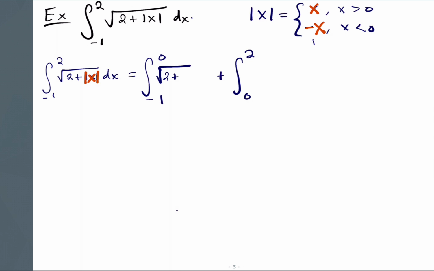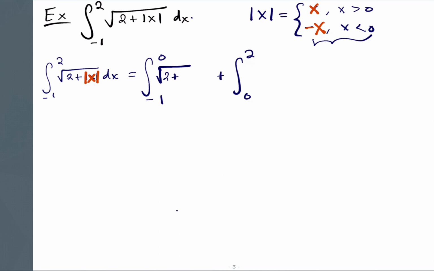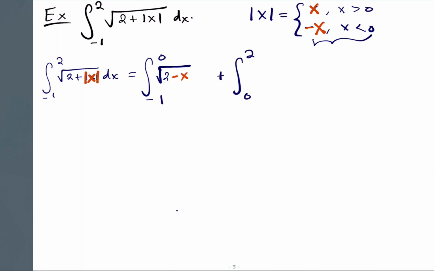With minus x, right? Why? Because that's what it's defined as when x is less than 0. So here I'm going to have 2 minus x there, dx. And then in the other one, I'm going to have the square root of 2, and this time it's plus x. Does that make sense?